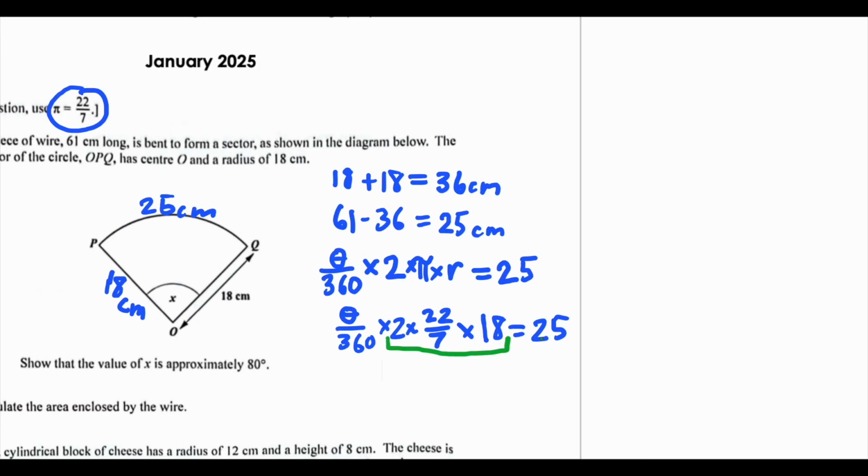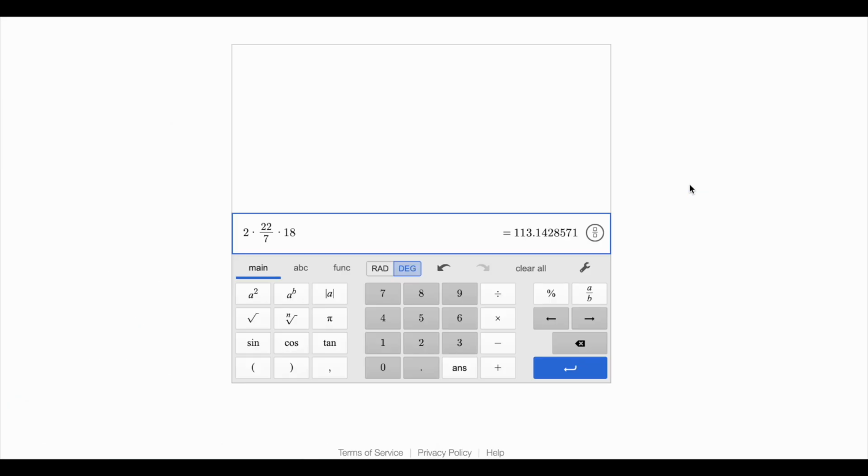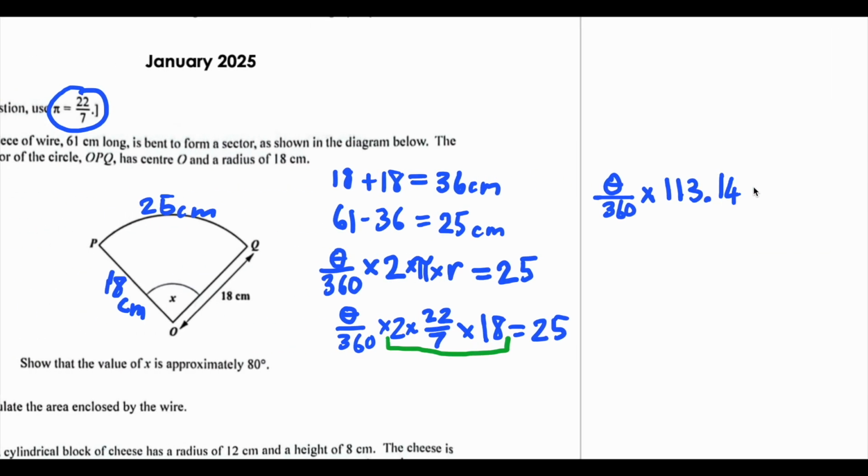Then I can put here theta over 360 multiplied by 113.14, which is equal to 25. My next step is to get rid of this 360. Since it's being divided, I can just multiply it on both sides.